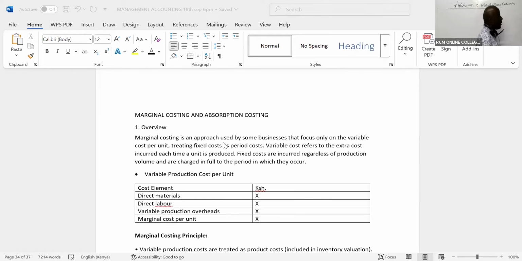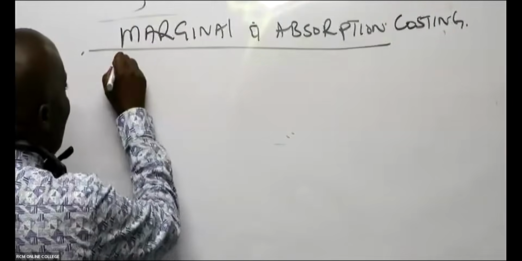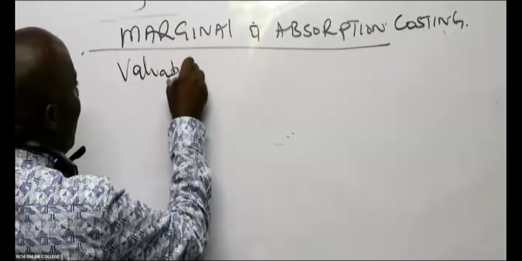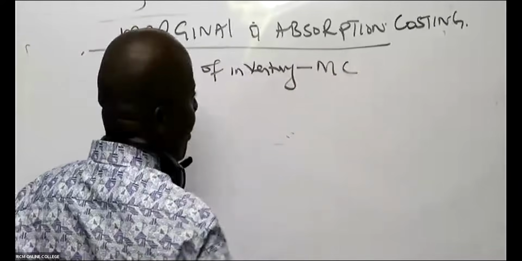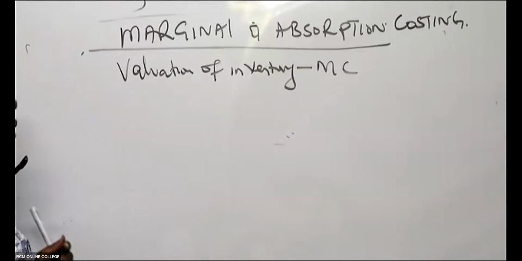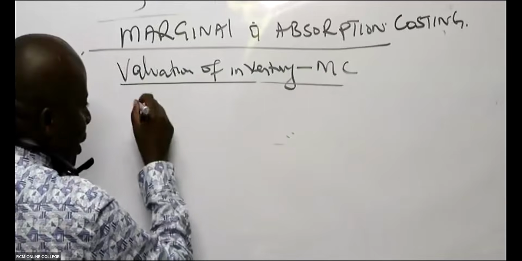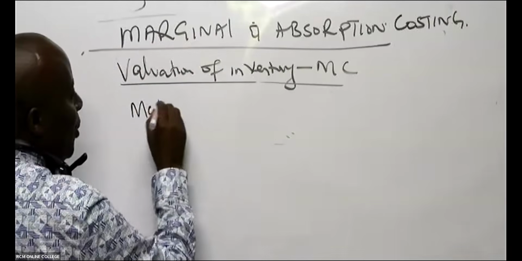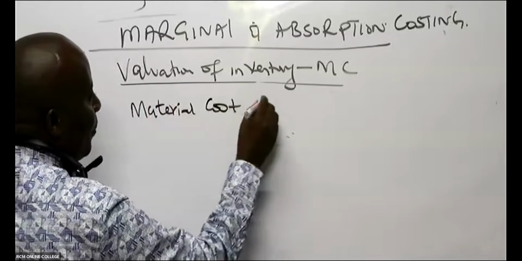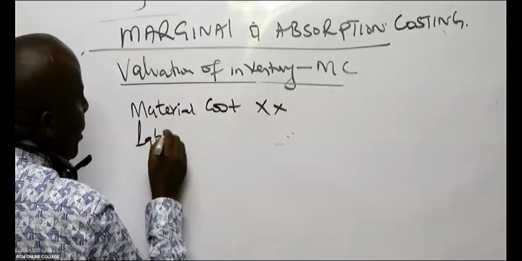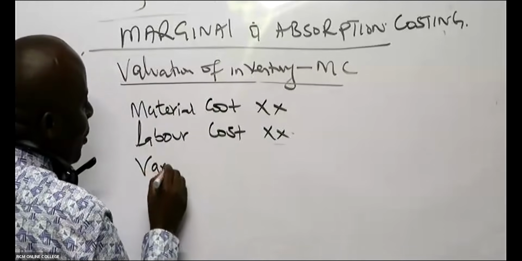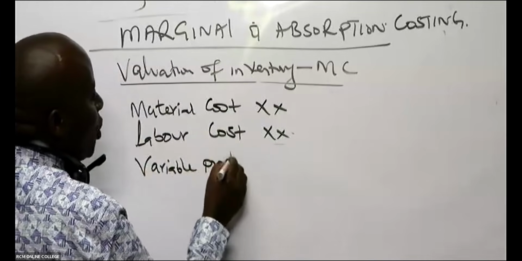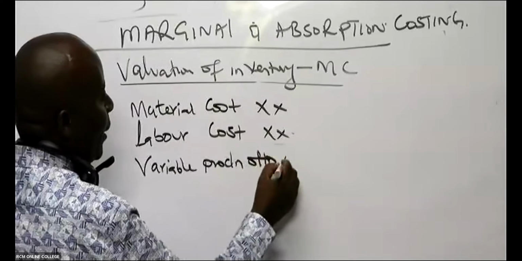Whenever we talk about valuation of inventory under marginal costing, I'll be calling this one MC. This is how we shall always be valuing our inventory. We have material cost, labor cost, and variable production overhead.